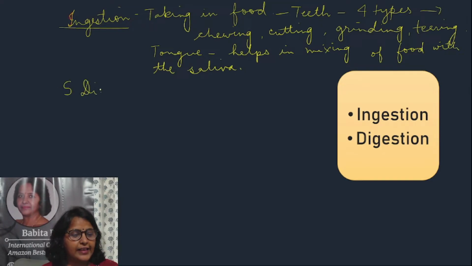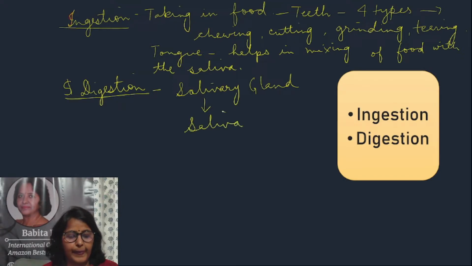Next step is digestion. Digestion begins in the mouth itself. In the buccal cavity we have a gland called salivary gland, and this gland secretes saliva, and saliva contains the enzyme called salivary amylase.